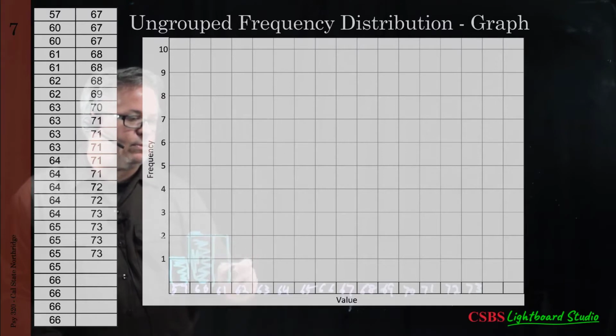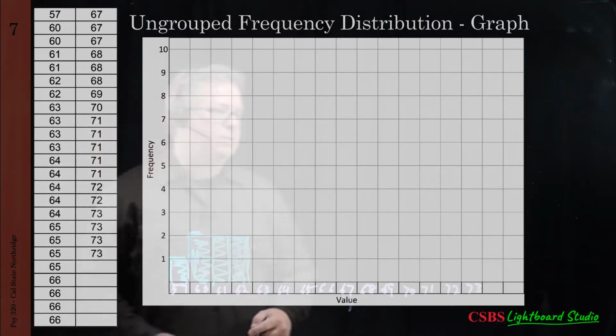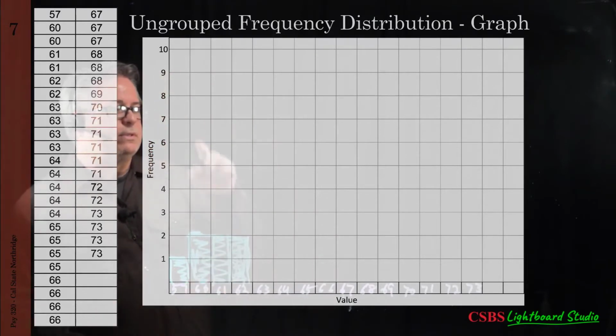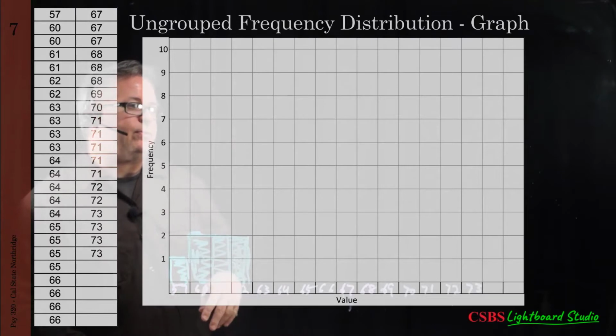Just keep it going at 2. All right, and then 62, also 2. Okay. You get the idea. This is sort of turning into what looks somewhat like a histogram, except you'll see in a second the difference is this is an ungrouped distribution; histograms are for grouped data.